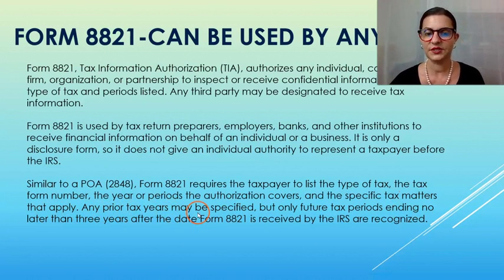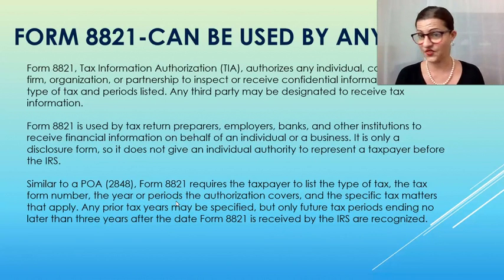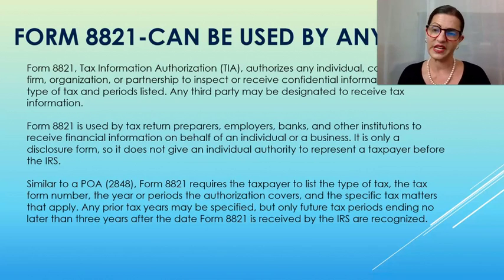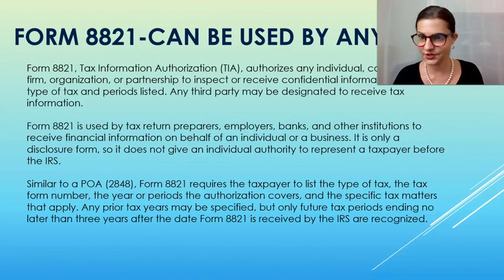Any prior tax years may be specified, but only future tax periods ending no later than 3 years after the date the 8821 is received by the IRS are recognized. Basically, what this means is you can go back as far as you want in terms of years, but you can only go forward 3 years. And that's the same on the 2848 as well as the 8821. You can only go 3 years in the future on the form, and you can go back as far as you need to.